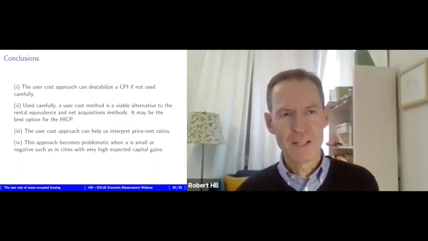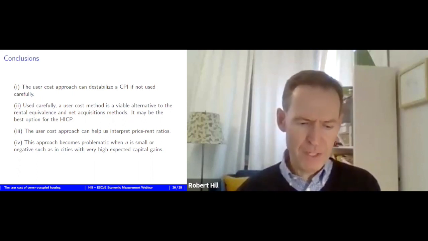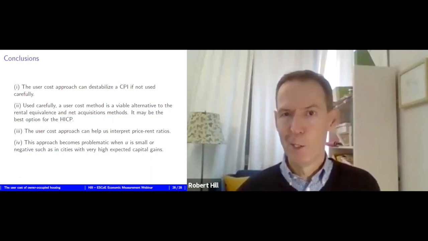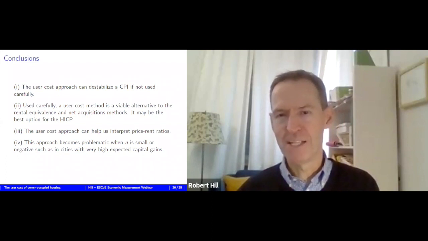I agree that's a tricky issue, but it's right. In a sense, you want to be measuring what's really happening rather than feeling you've got to produce a smooth series.